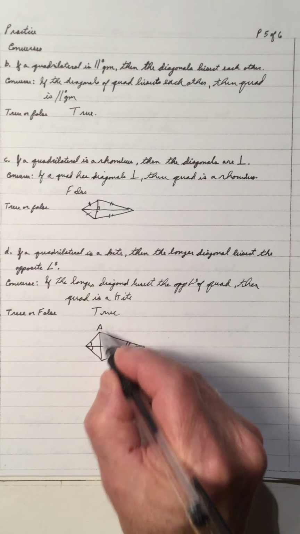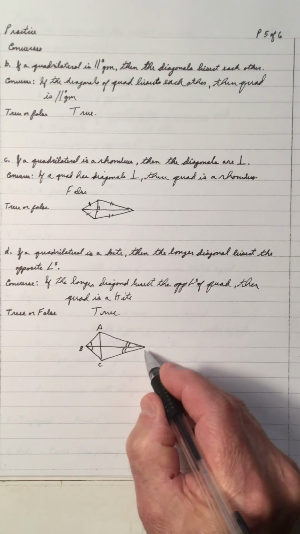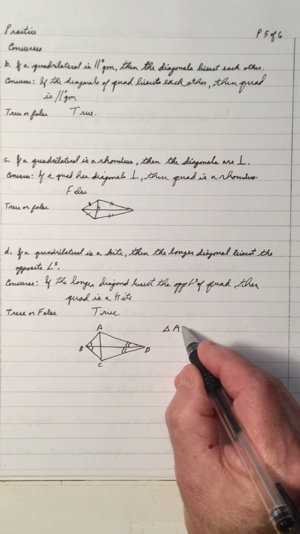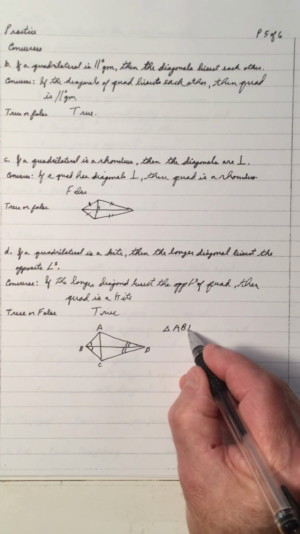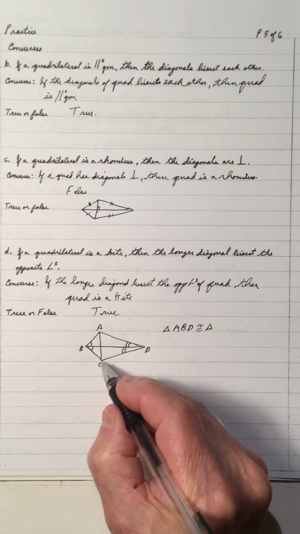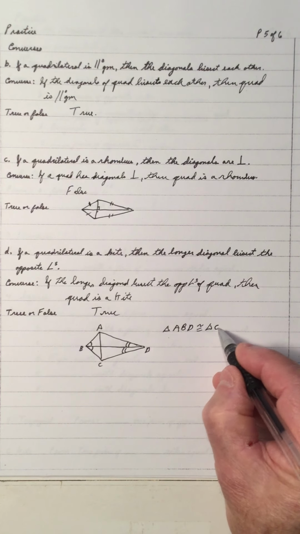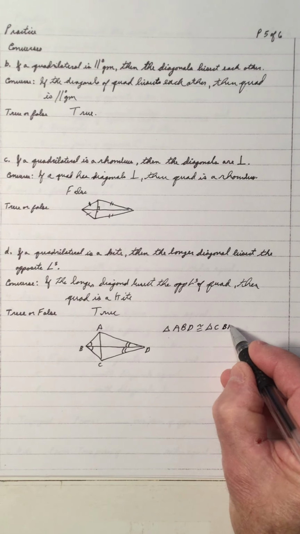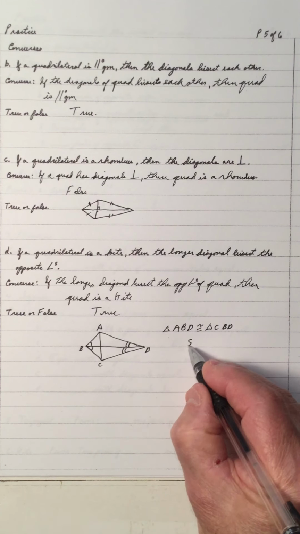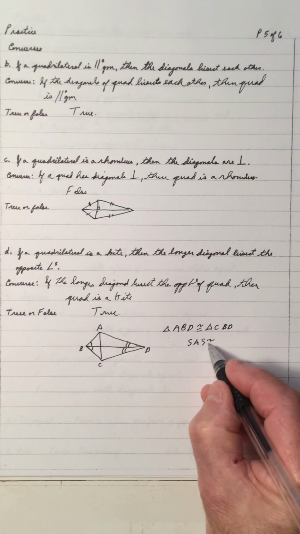So triangle ABD is congruent to triangle CBD, and that's by angle, common side, angle.